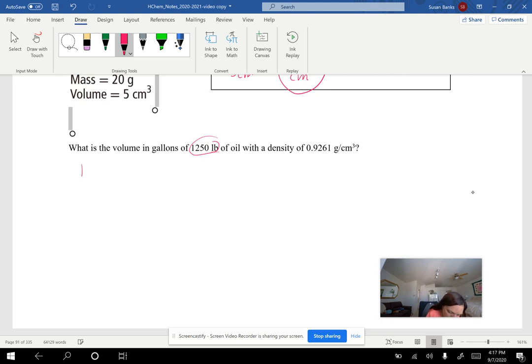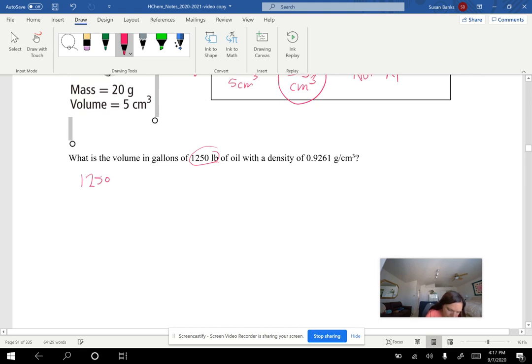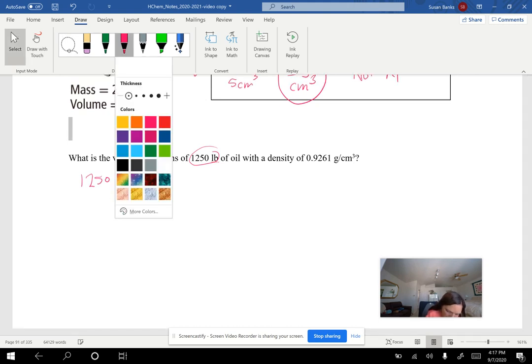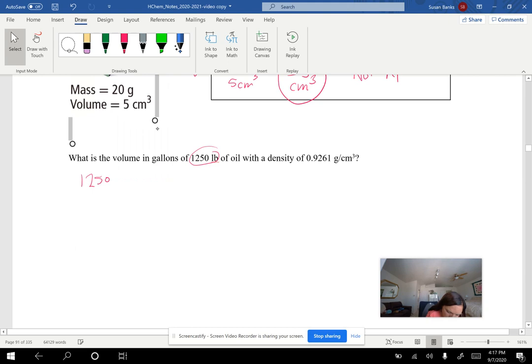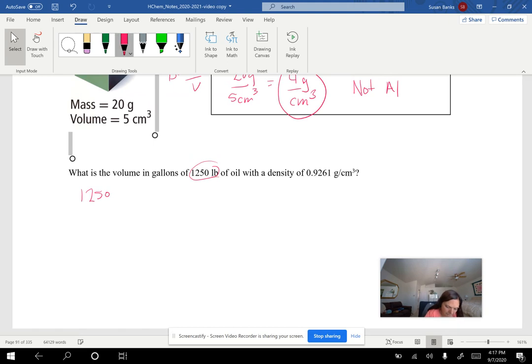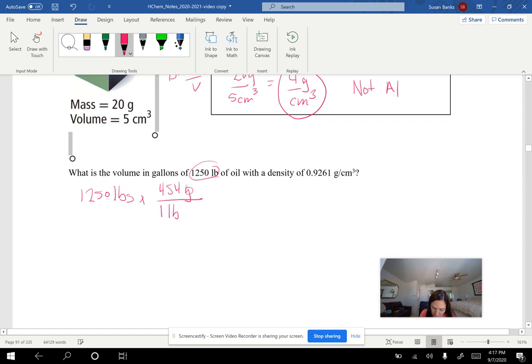So let's start with that. 1,250 pounds. So 1 pound is 454 grams. Okay, that's our first thing that we need to do. Now we need to use the grams to get into volume.